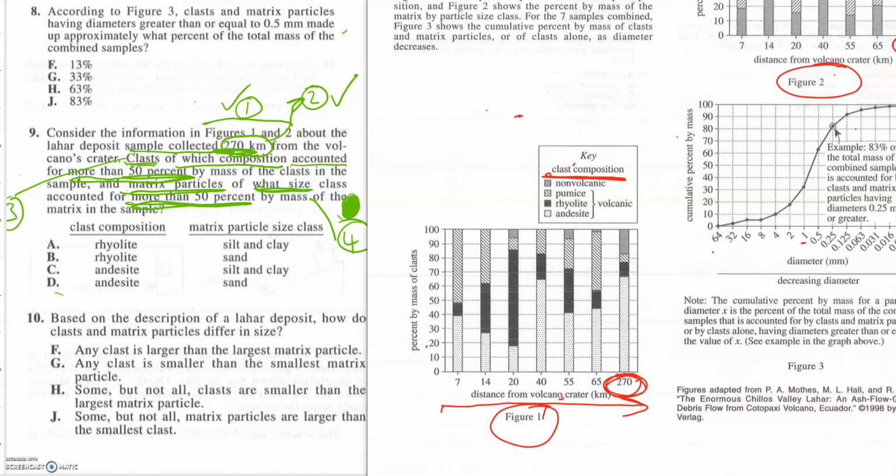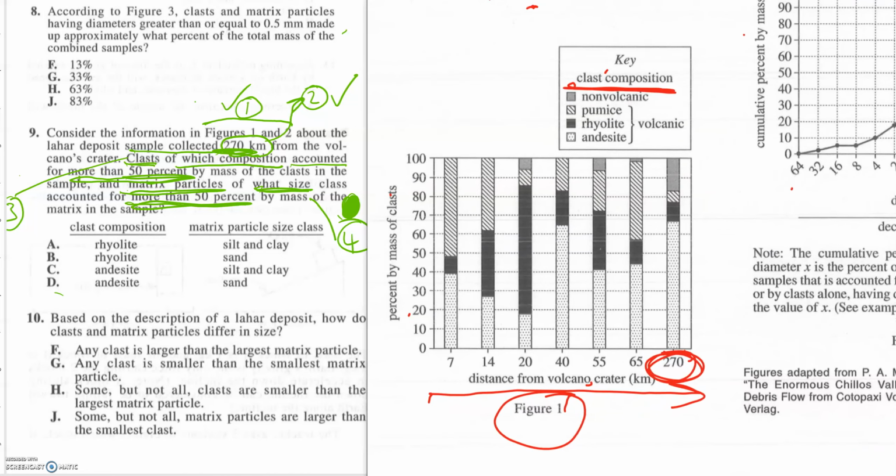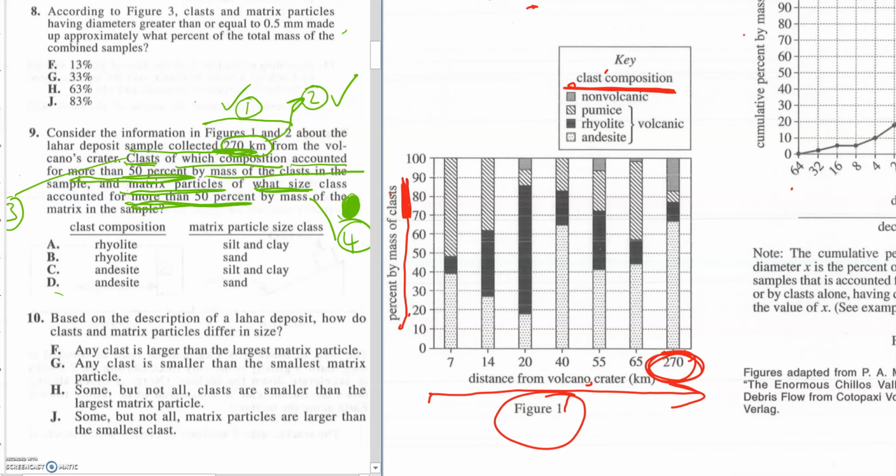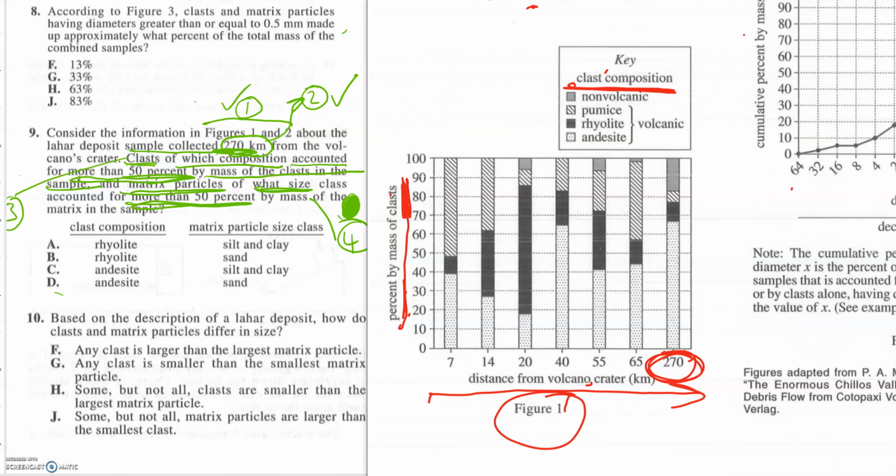So we look at this graph. I'll increase it a little bit, and we see that, yep, percent by mass of clast is the y-axis. It's up the left-hand side, and we're just matching words in the question to the graph here, accounted for more than 50% mass of clast in the sample. Okay, so we've got that we're in the right place.